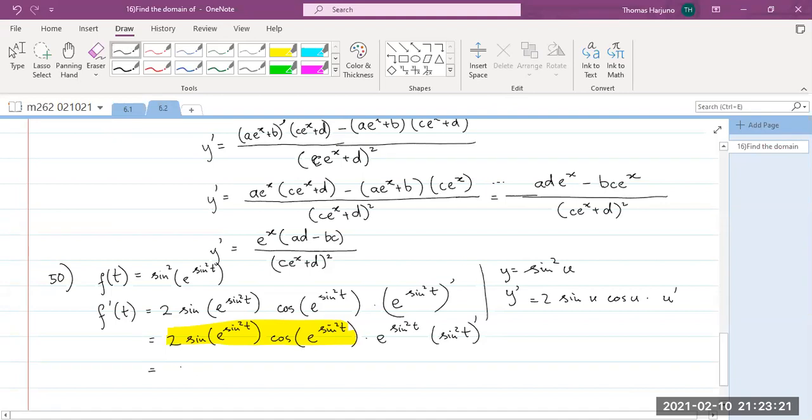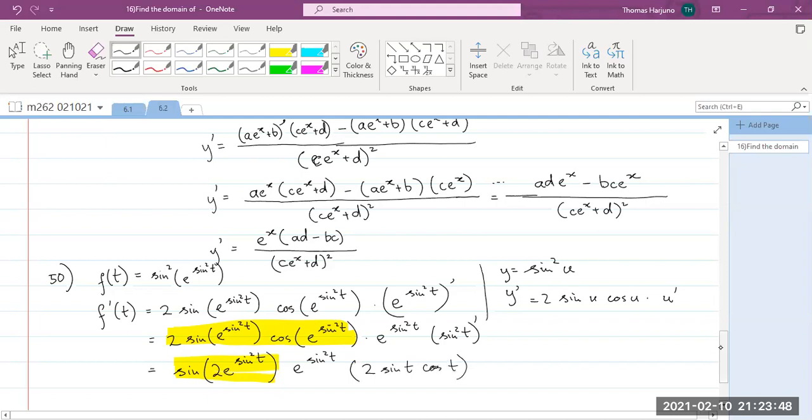That's a double angle formula. So this is sine of 2e to the sine squared t, for the yellow part. While then I copy this e to the sine squared t. Now the derivative of 2 sine squared t is 2 sine t cosine t.